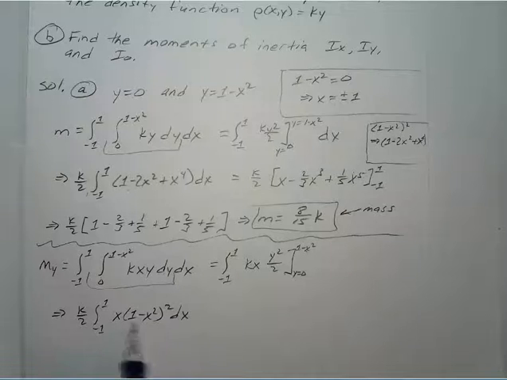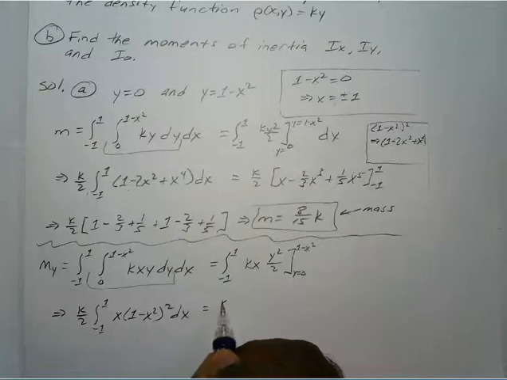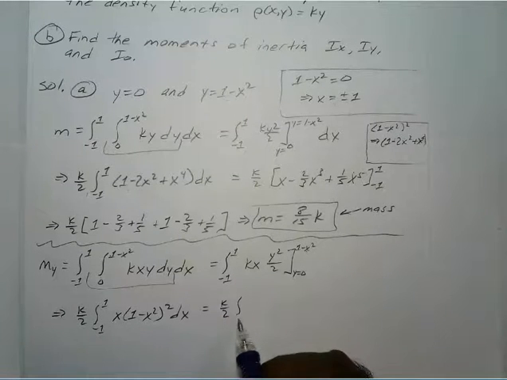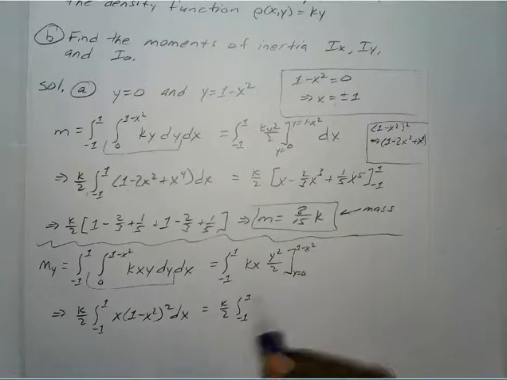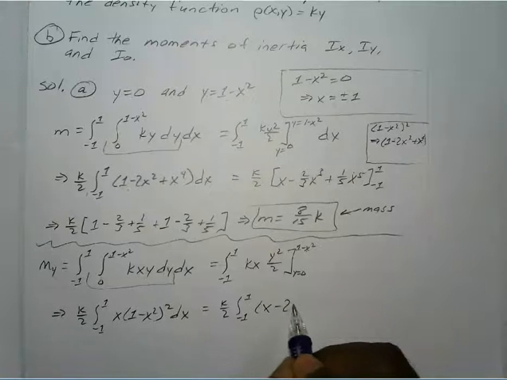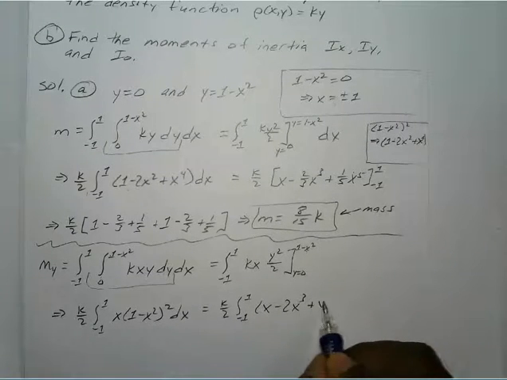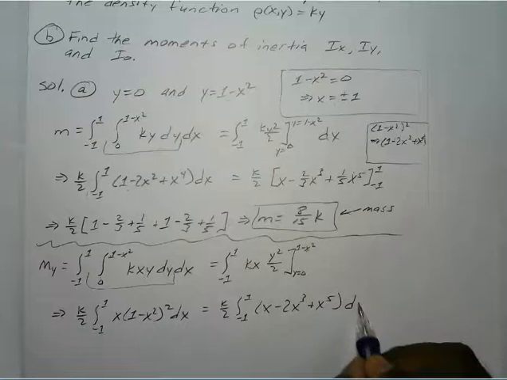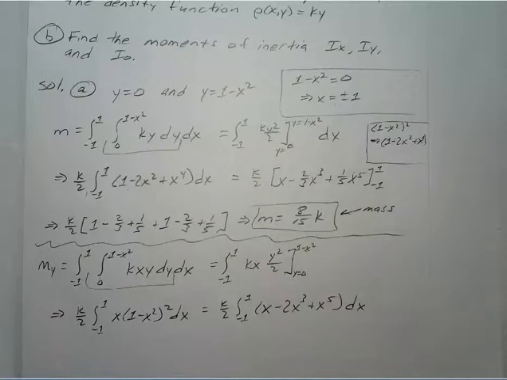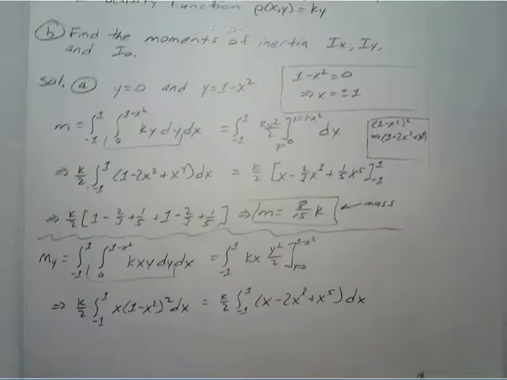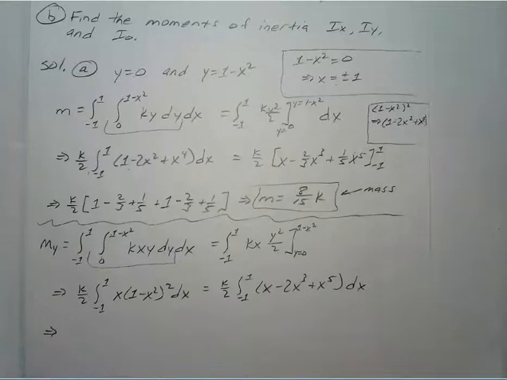If we multiply this out, foiling this one, and then multiply each term by x, we get k over 2 times the integral from -1 to 1 of x minus 2x to the third plus x to the fifth with respect to x. From there, we integrate each one of those terms.